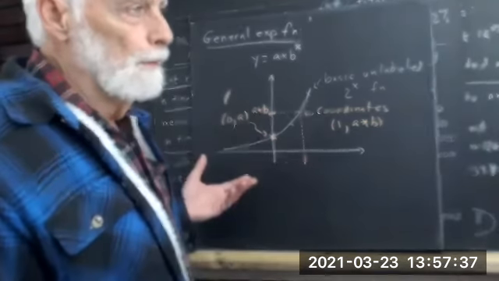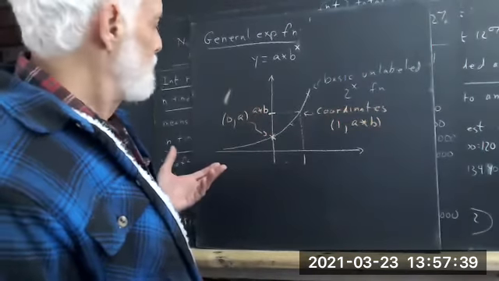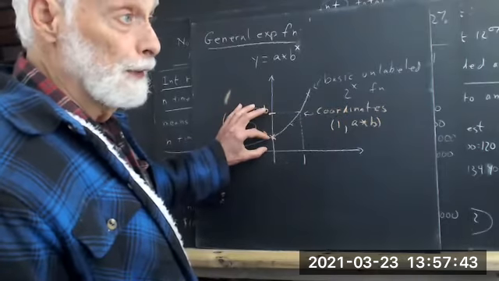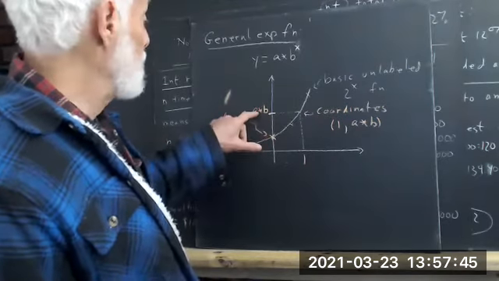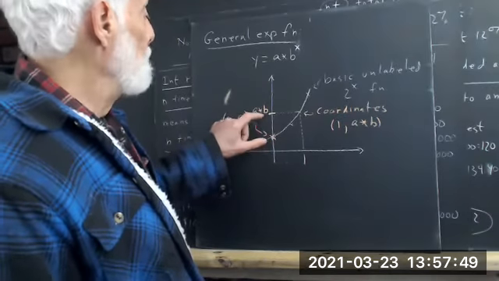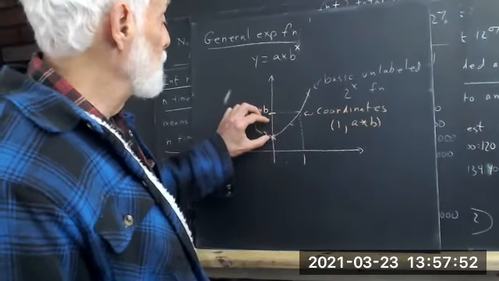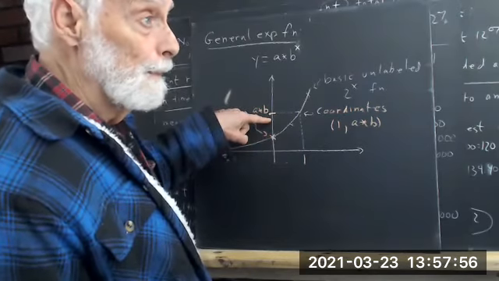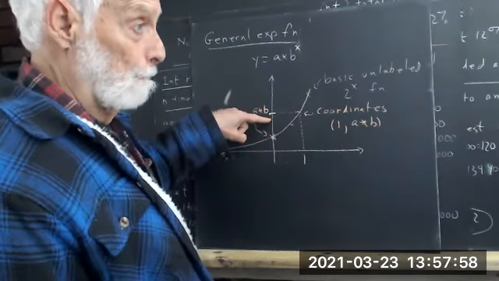So what's our value of B? Well, this is more than twice this, isn't it? This is A times B, and this is A. So B has to be more than 2 because 2 times this is only this big. Okay?